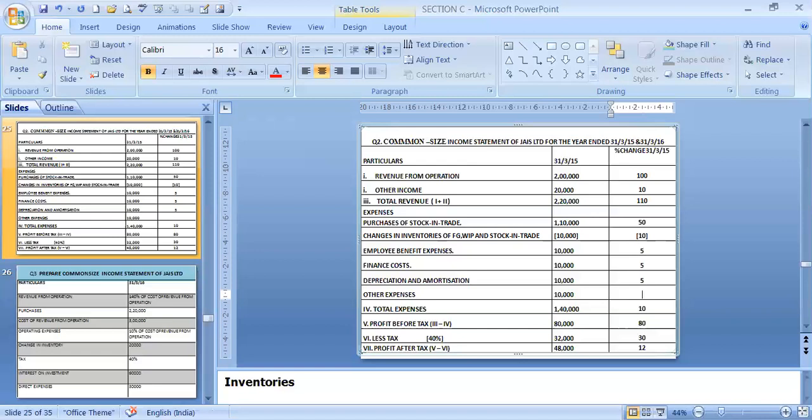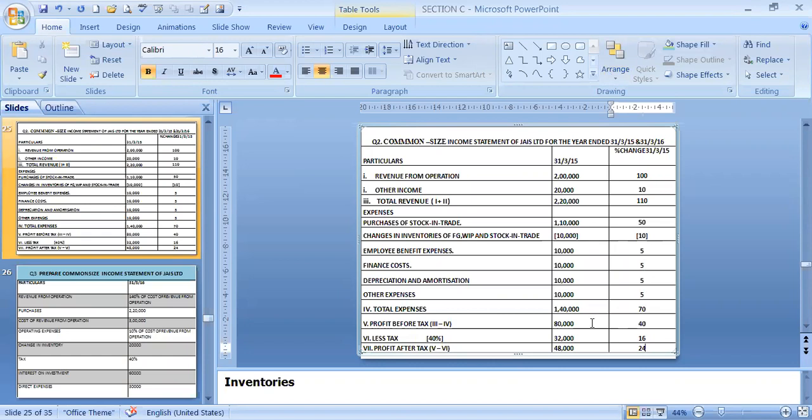So we have to take this one as 5%. We notice that 10,000 by 2 lakh is 5%, and all of them are coming 5%: employee benefit expense, finance cost, depreciation, other expenses. Then total expense, 1 lakh 40 divided by 2 lakhs into 100, is 70%.